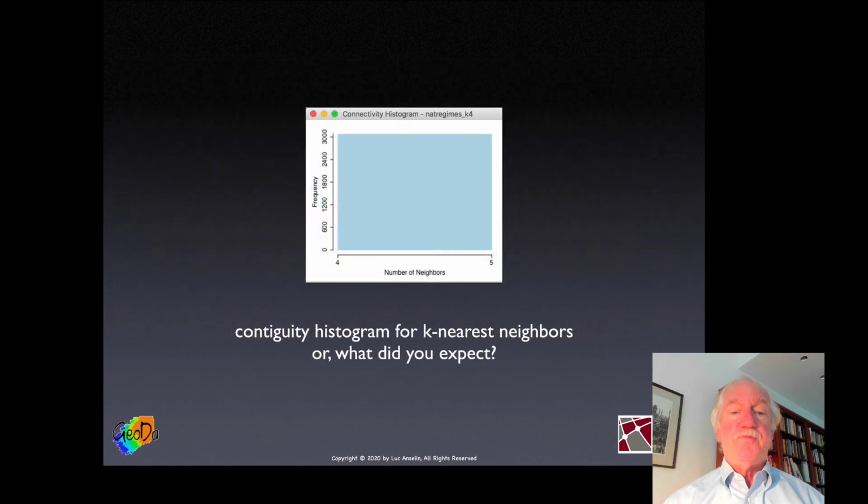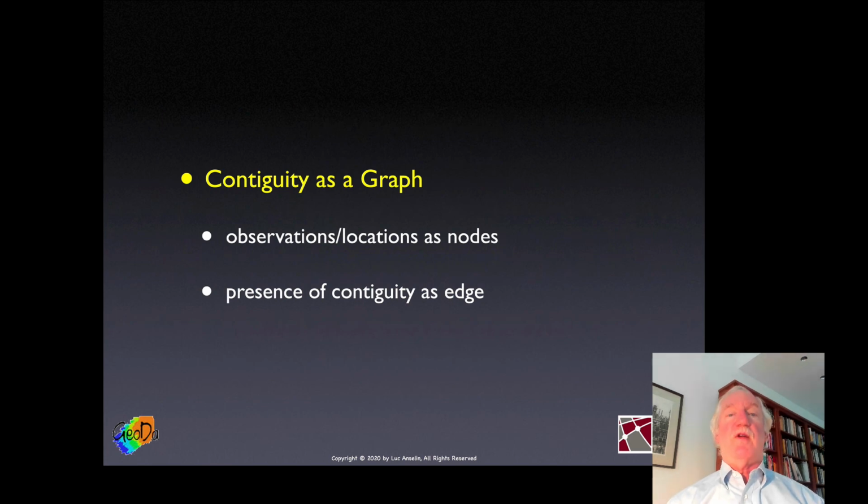Then, for k nearest neighbors, it looks like this. Why? Think about it for a second. K nearest neighbors. Every observation has k neighbors. The connectivity histogram is meaningless for k nearest neighbors. However, other characteristics are not meaningless.